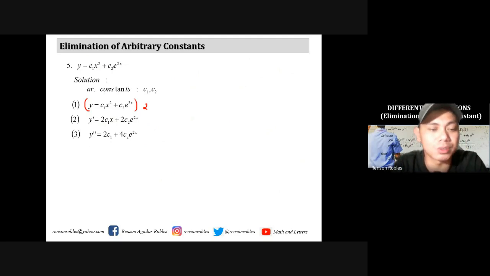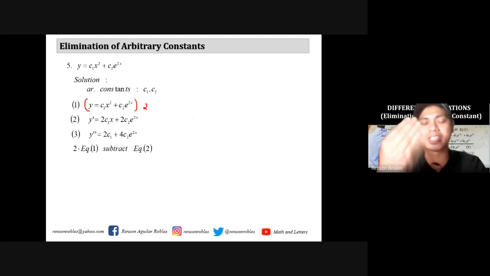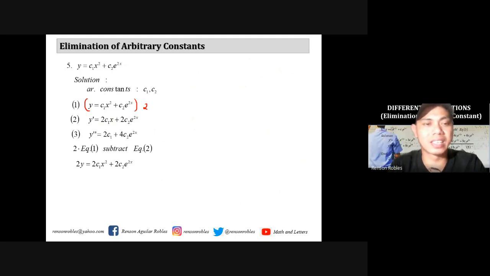Yeah, we multiply 2 to equation 1. So we have this. And then subtract equation 2. So we need to subtract since both c1x squared and 2c1x are preceded by plus sign. So we need to subtract. They have similar sign. And then you have 2y. So 2 times y is 2y. 2 times c1x squared is 2c1x squared plus 2c2 e to the 2x.